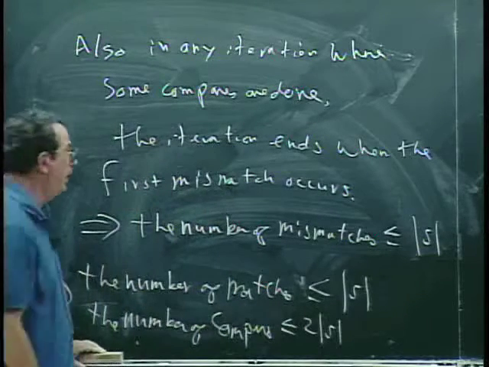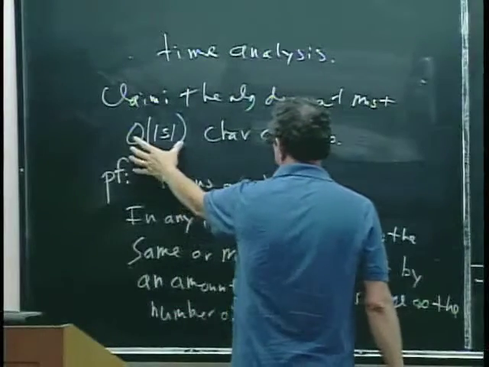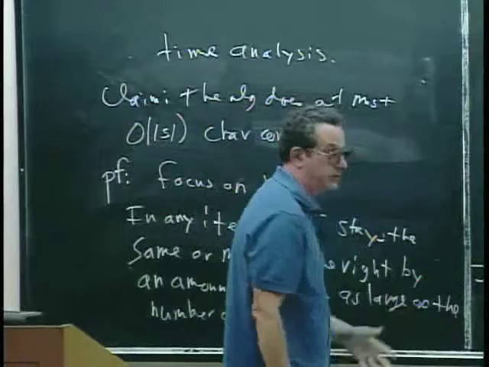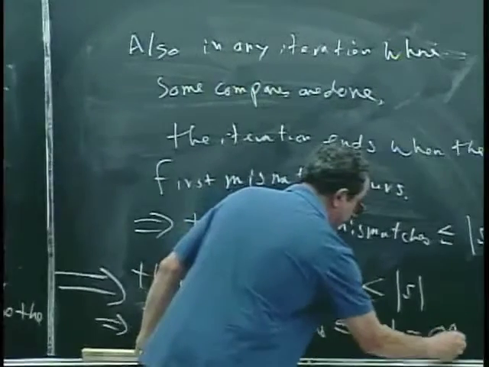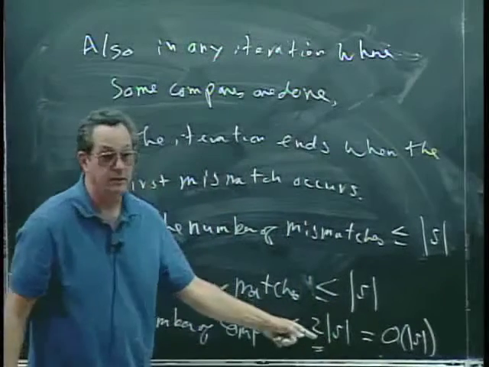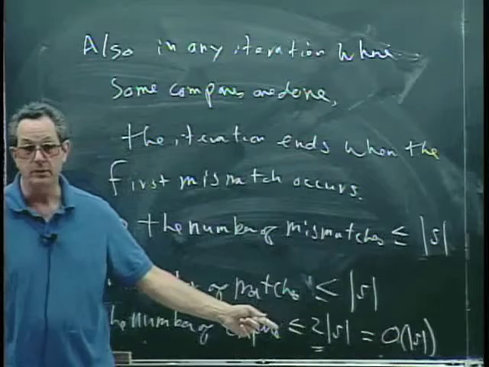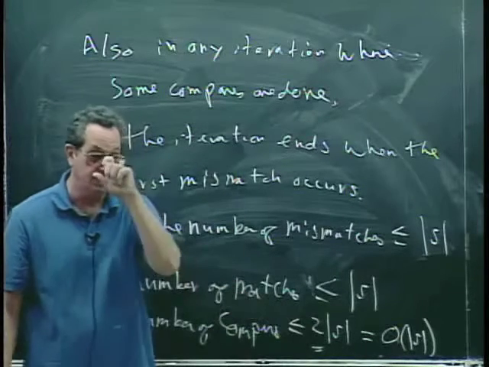Okay? And what we claimed over here was that the algorithm does at most order S character comparisons. So we've certainly done that. In fact, we have a nice constant here, which is 2. The number of character comparisons is bounded by twice the length of S.